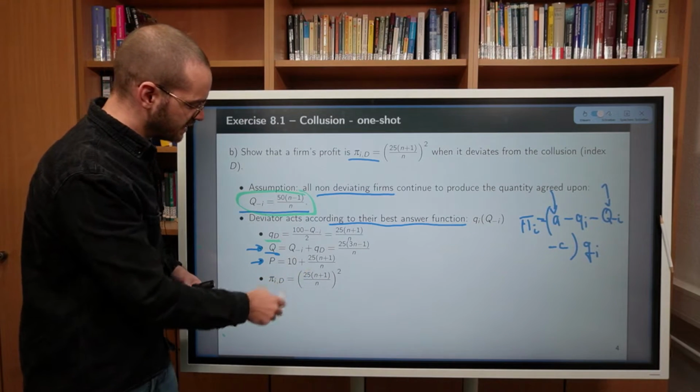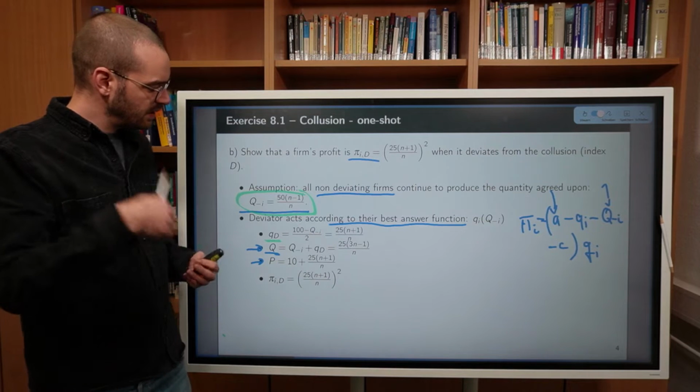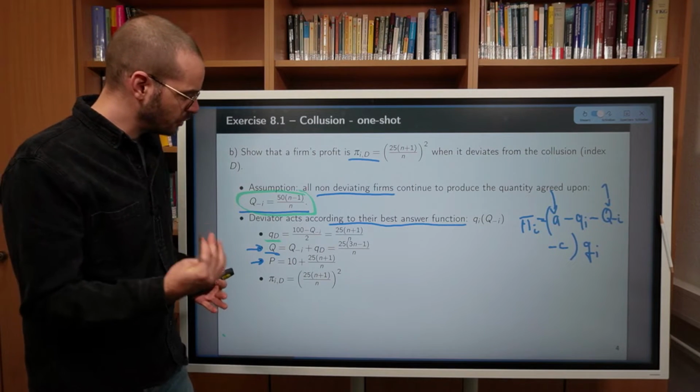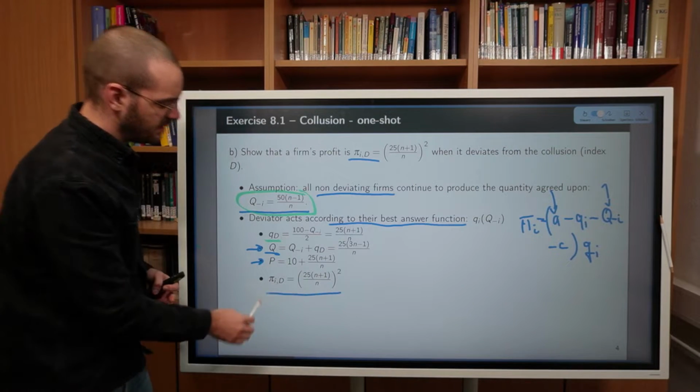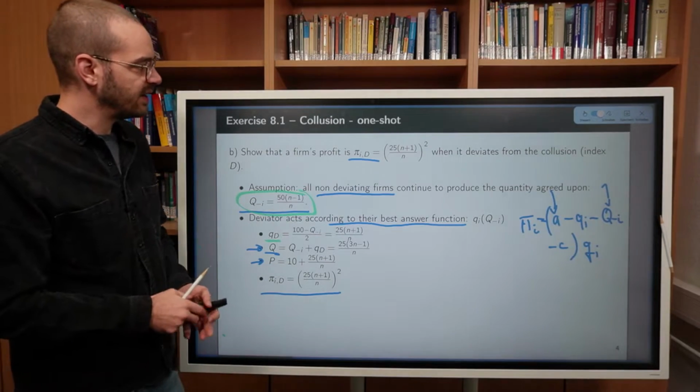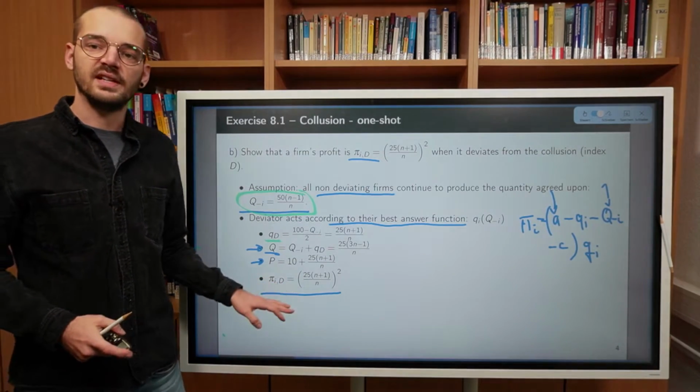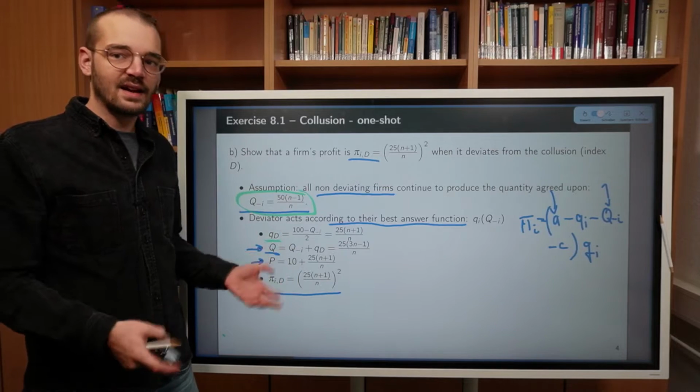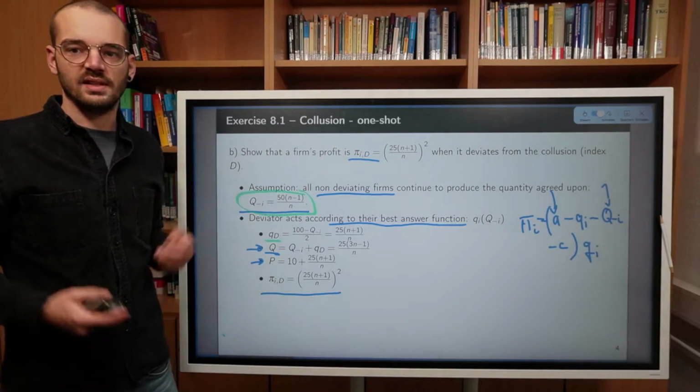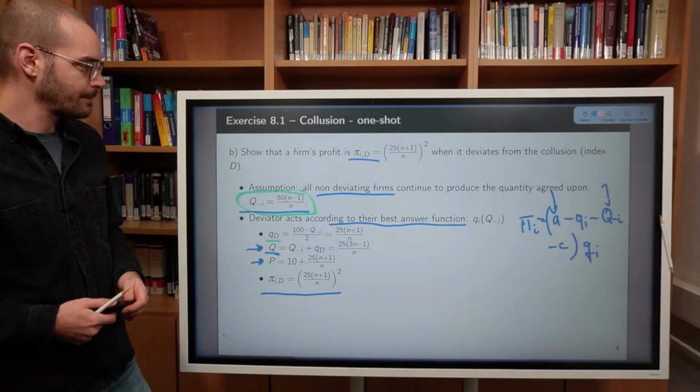And if we do this, so simply plug in P, lower C and QD, we can calculate the profits, and indeed we find out that the profits of the deviating firm take exactly the form that we introduced in the beginning of the exercise.